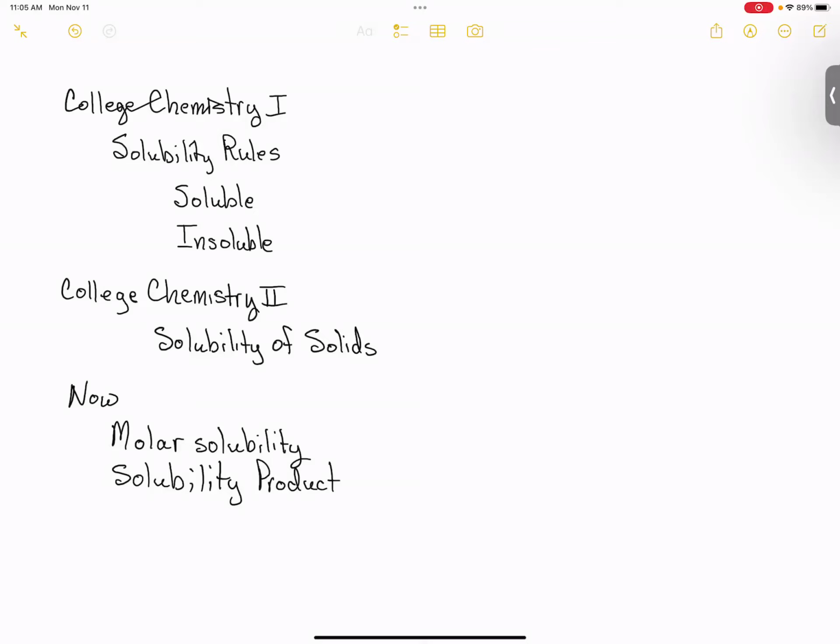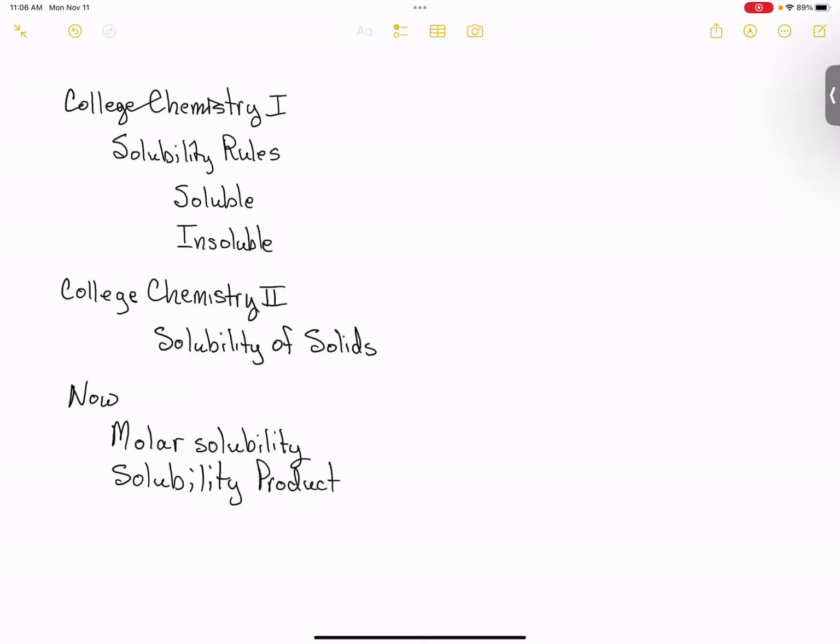But it's definitely a generalization. And even though it's soluble all of the time, it doesn't mean that it's going to dissolve and dissolve and dissolve. At some point, it's going to reach a limitation. So back in College Chemistry 1, we classified those ionic compounds as soluble, meaning that they tended to be aqueous in water, or insoluble, meaning they tended to be solid in the presence of water.